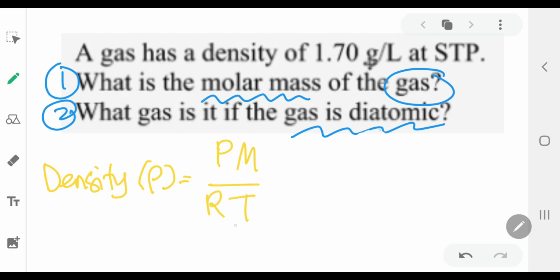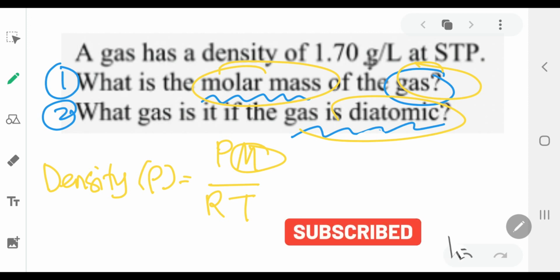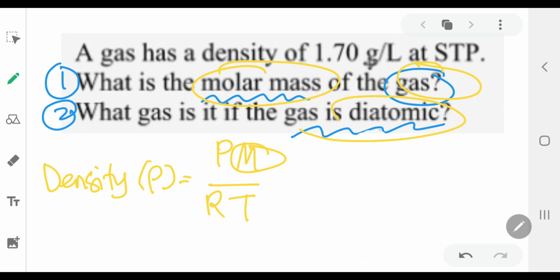We learned how to derive this from PV equals nRT. Now we're going to use this formula to find the molar mass, and after we have determined the molar mass of your gas, we should be able to identify the diatomic gas involved. It's quite mysterious, quite playful, like a game.